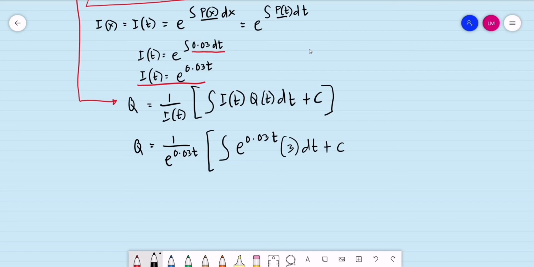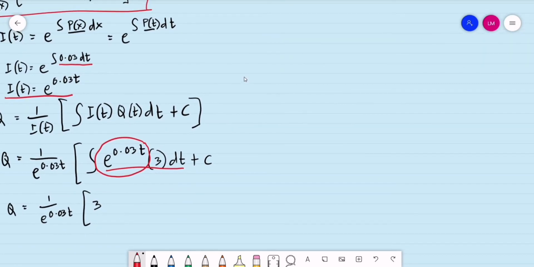So what is the integral of this term? We may bring out that constant. We have now q equal to 1 over e raised to 0.03 t, bringing out the constant 3. What is the integral of e raised to 0.03 t?